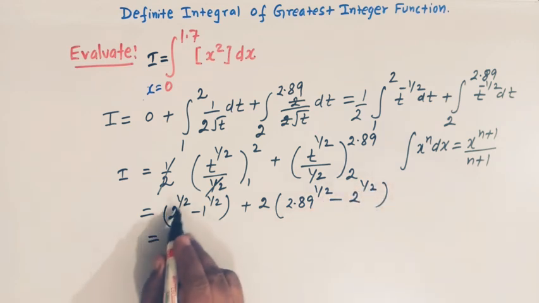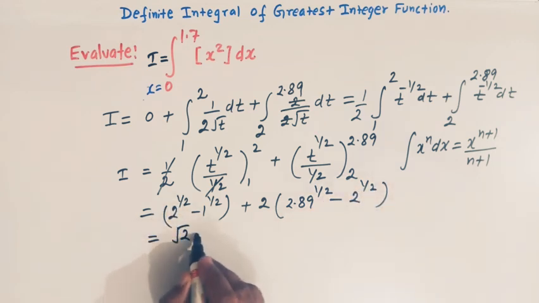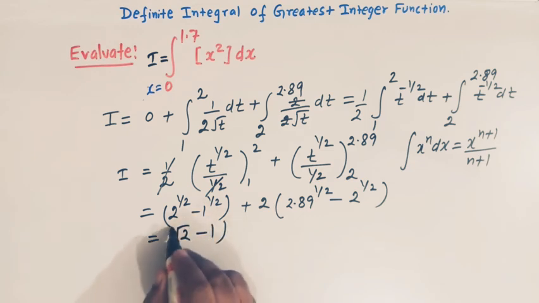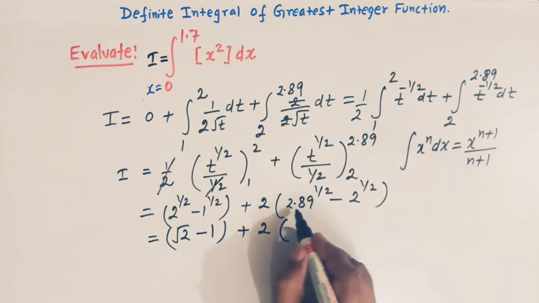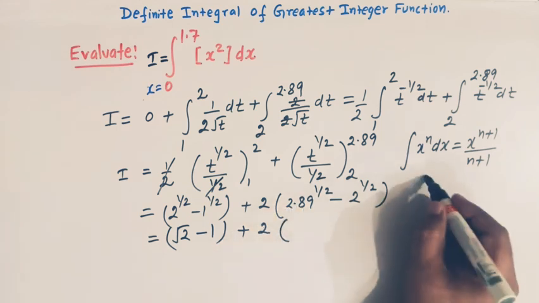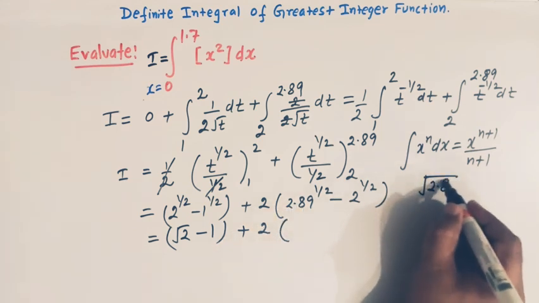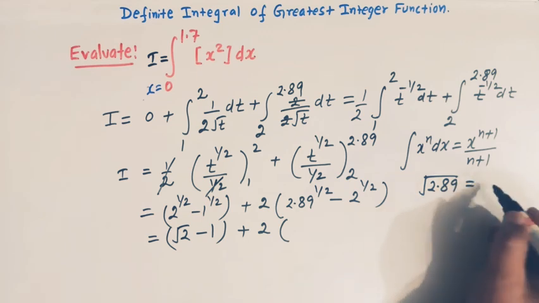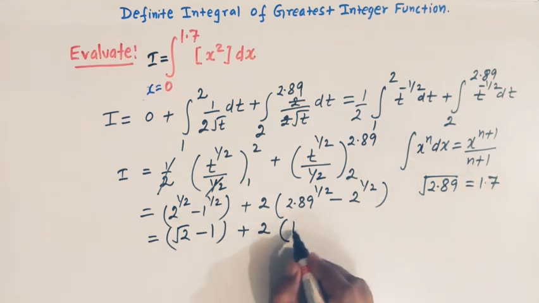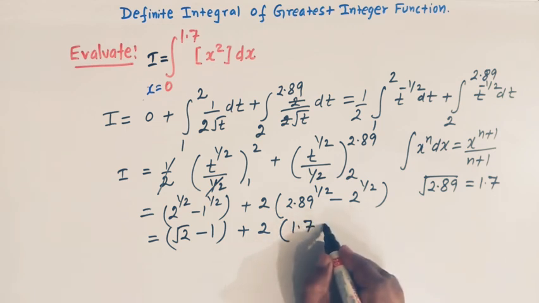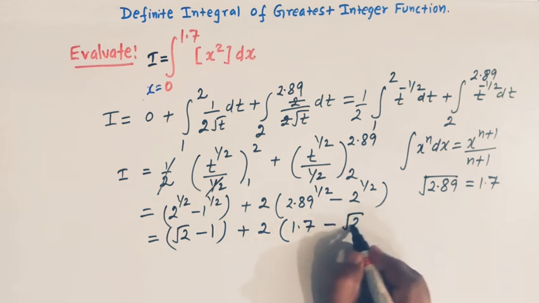Now this can be written as square root of 2 minus 1, and here we have 2, and the square root of 2.89 is nothing but 1.7, and here we have 1.7, minus square root of 2.